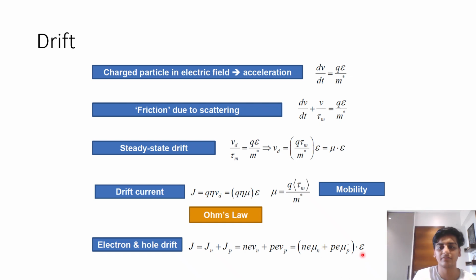And of course, the electric field, all of which is what we would expect. And it is this term that we in fact call the conductivity of the material. So this equation is sometimes written as J equal to sigma E, which is another form of representing Ohm's law, where sigma is the conductivity. So this is just some mathematical treatment of drift for you to keep in mind.